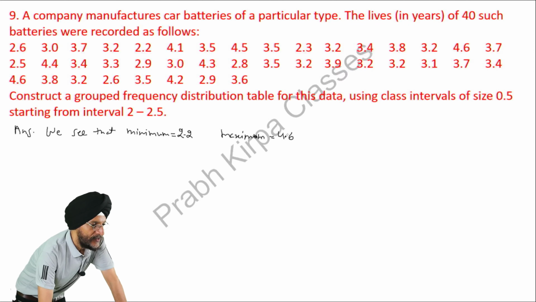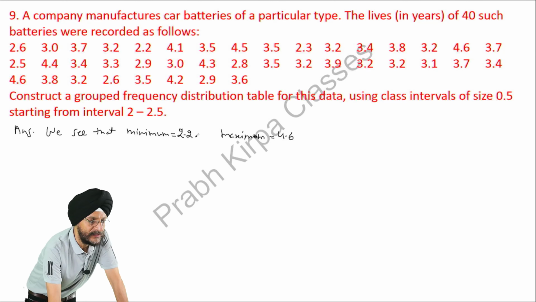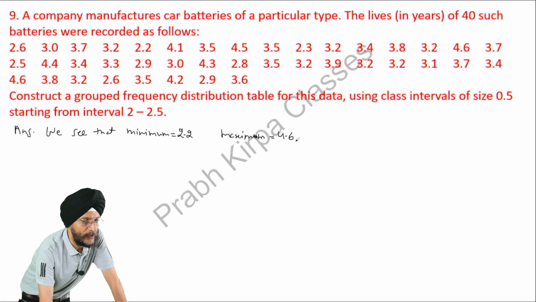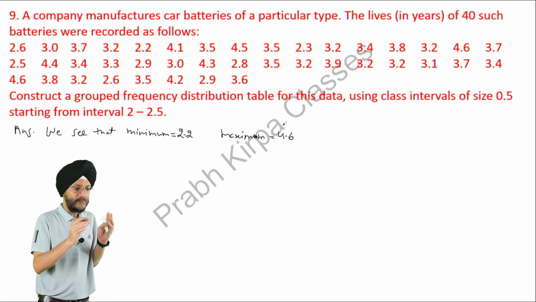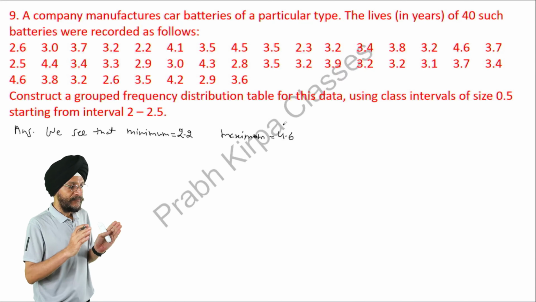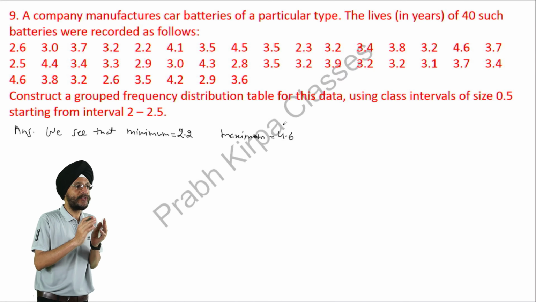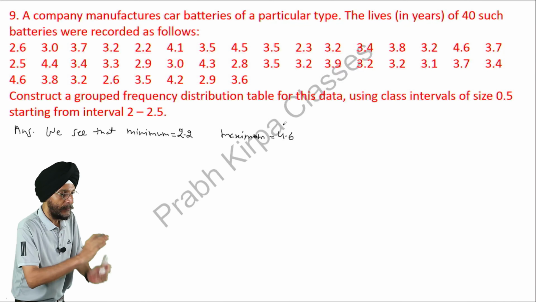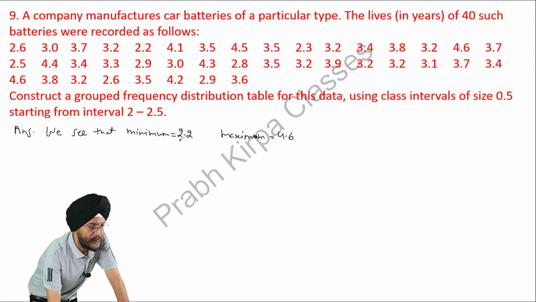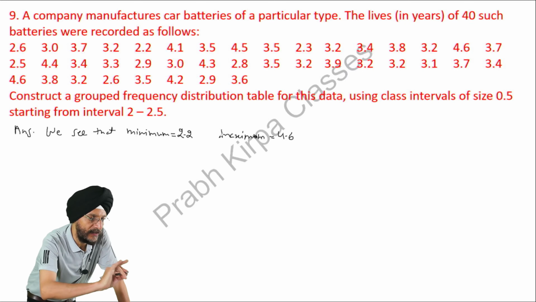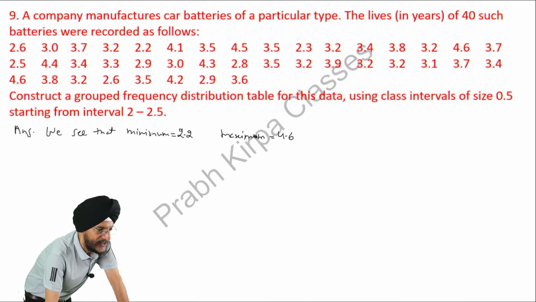So we have taken these two entries, the minimum value in years and the maximum value recorded, 4.6, so that we may make the grouped frequency distribution table keeping in view both these items. Both these data should be covered in the grouped frequency distribution table.